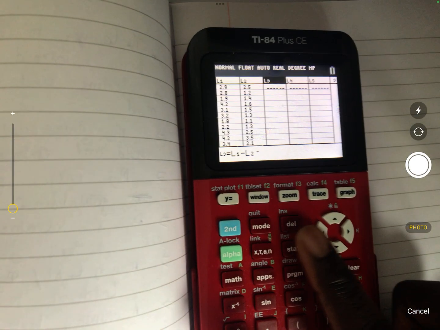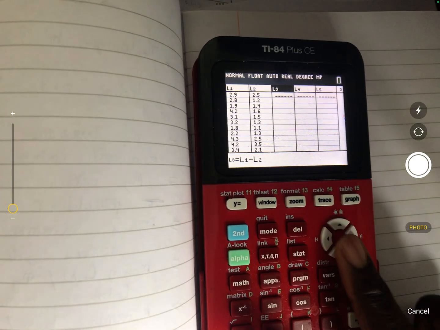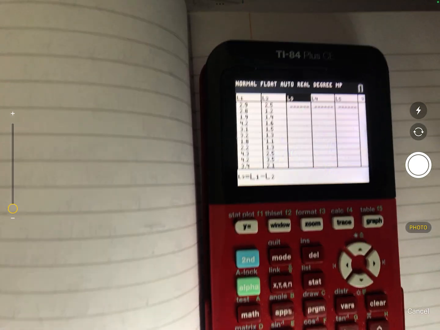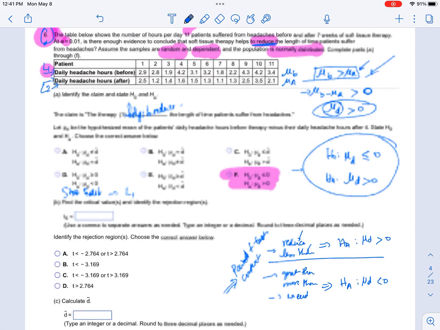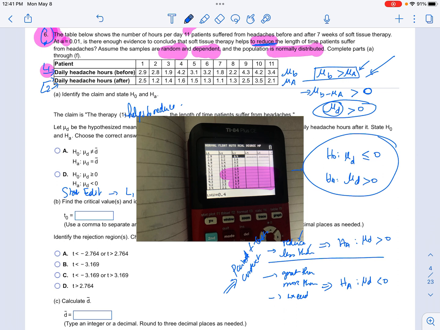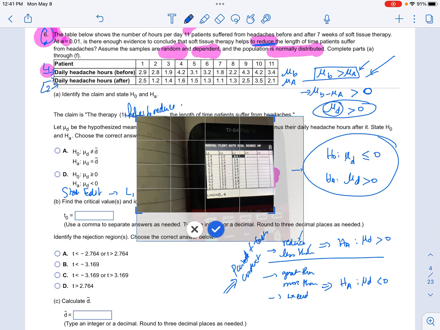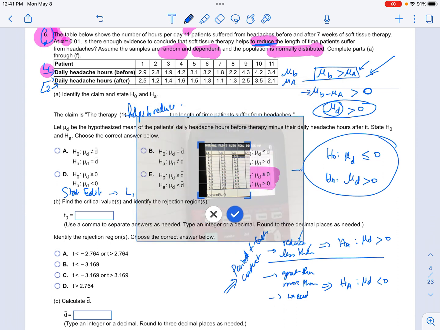Oh, shoot, don't make a mistake. There we go, and then you press enter. This is what you're going to have. That's the data you want to use.